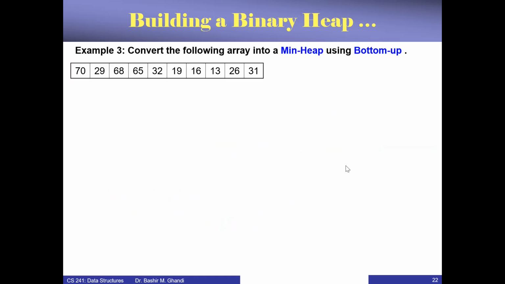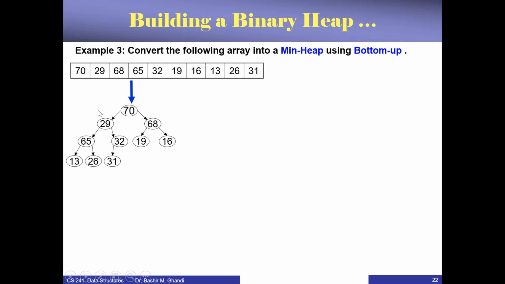Let's see how we do this using an example. It says here, convert the following array to a min heap using the bottom up approach. We already have our elements. The first thing we do is put all of them in a tree in breadth first order.